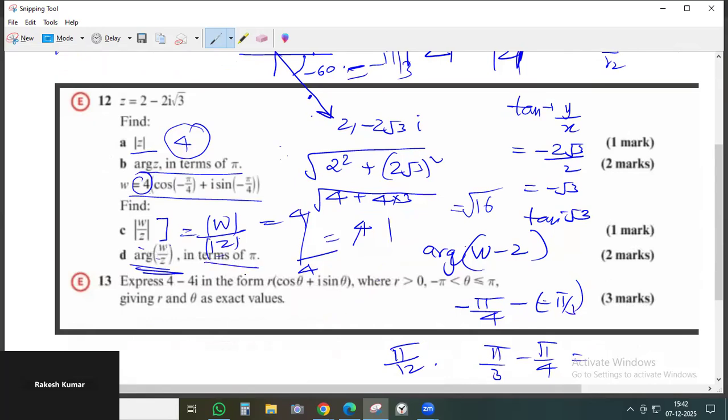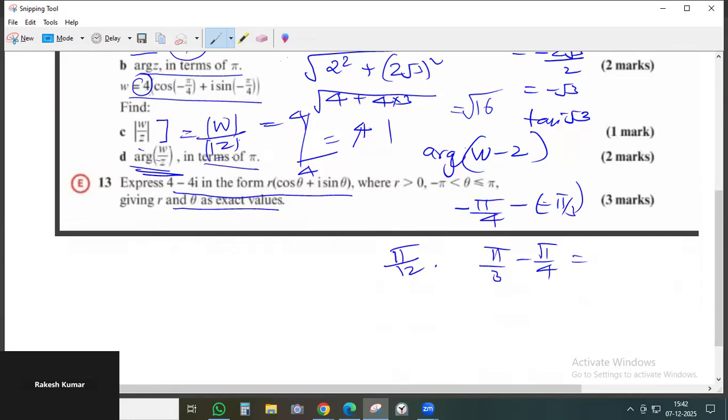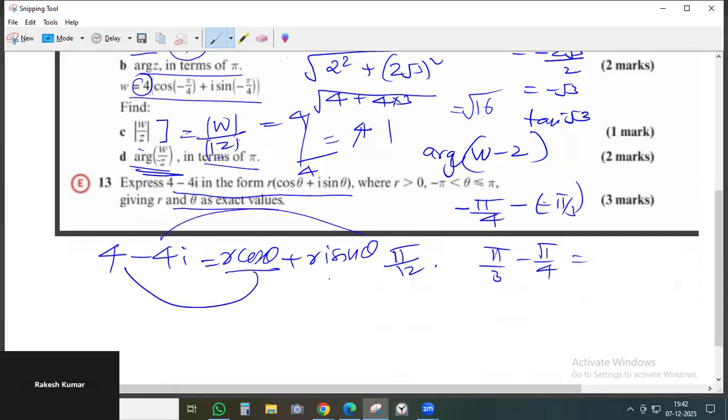answer. And then he says express 4 minus 4i in this form, giving r and theta as exact values. Now, if you notice, we have got 4 minus 4i, and then he says in this form. So this is r cos theta plus ri sin theta. Now, obviously, this is equal to this and this is equal to this. So that means r cos theta is 4 and r sin theta is minus 4.